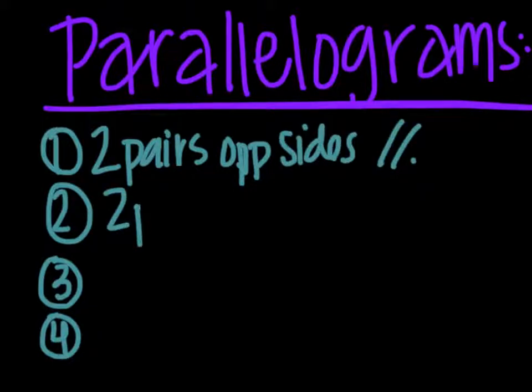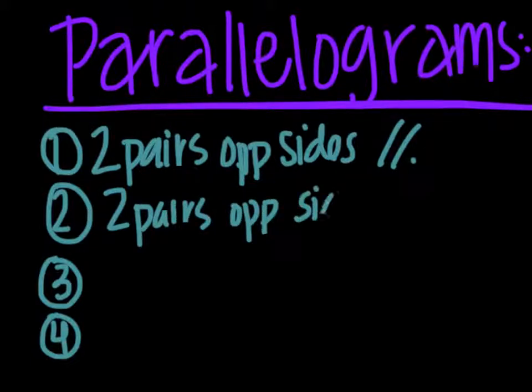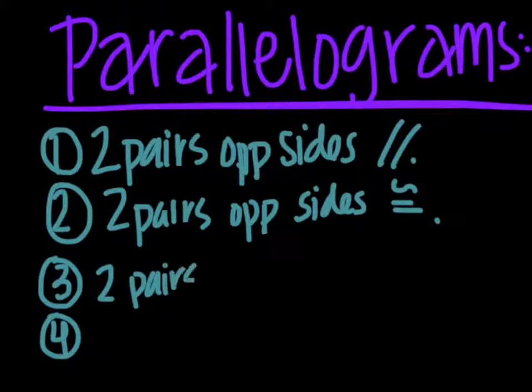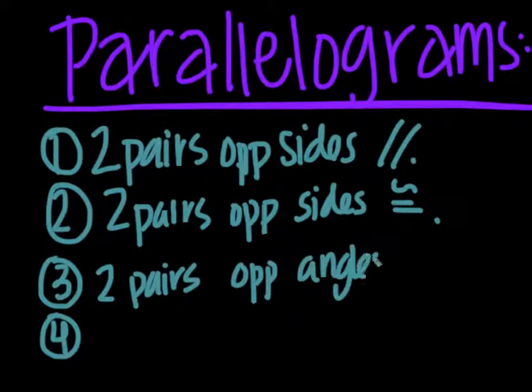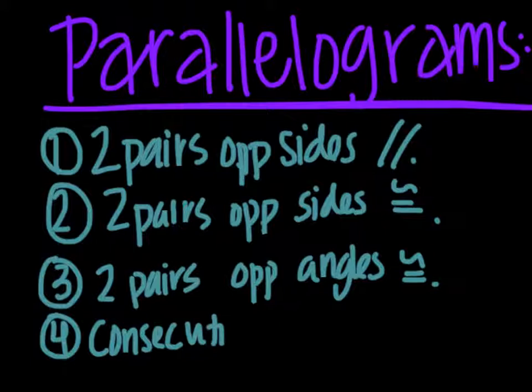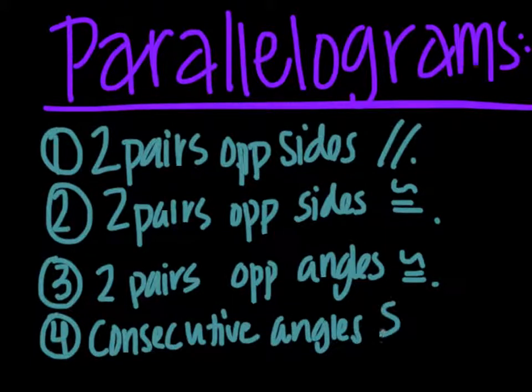There are 2 pairs of opposite sides that are congruent. 2 pairs of opposite angles are congruent, and consecutive angles are supplementary, which means they add to equal 180 degrees.